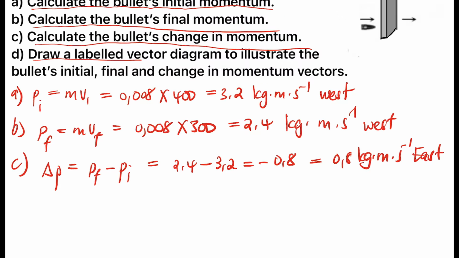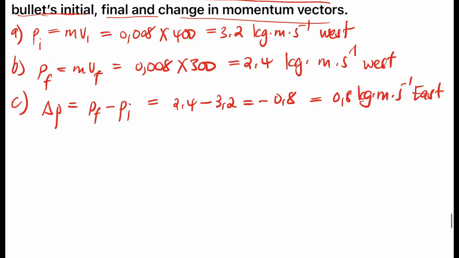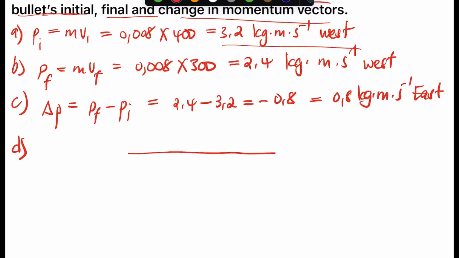Now D, it says draw and label a vector diagram to illustrate the bullet's initial, final, and change in momentum vectors. Remember what I told you in the previous example. You start with the initial. The initial is 3.2.